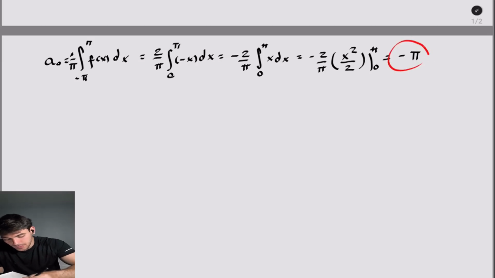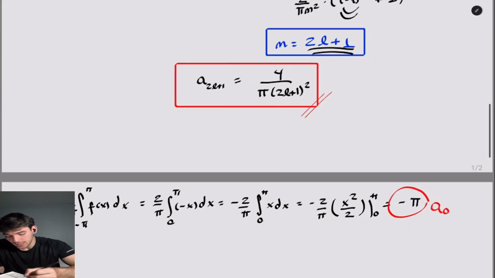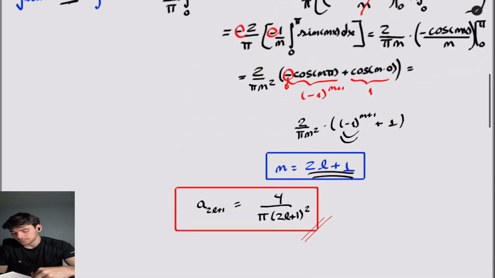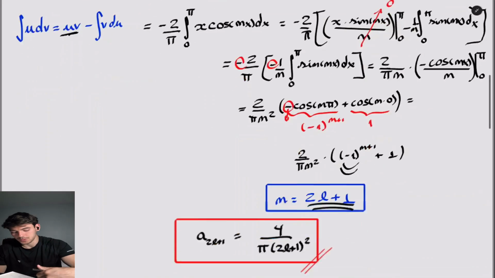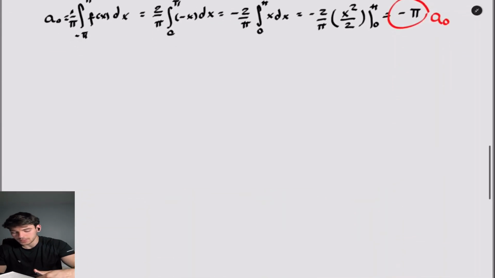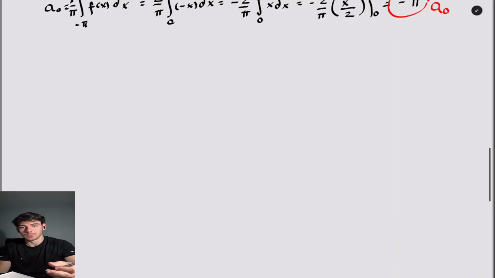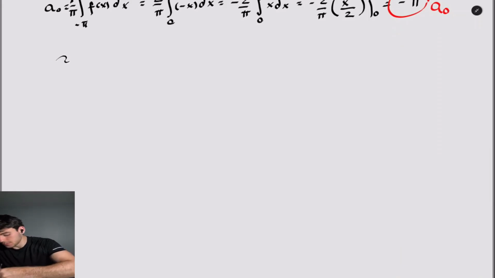So now we have a0, an, that's now a 2l plus 1, and bn, that equals 0. So we have all the three coefficients. We can write down the sum of Fourier. So the sum of Fourier, I write down the general structure.